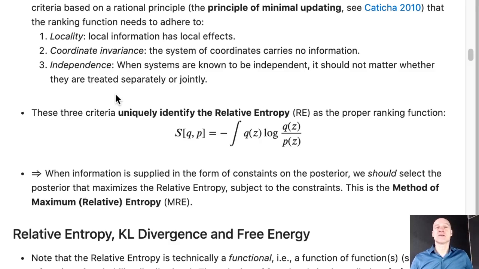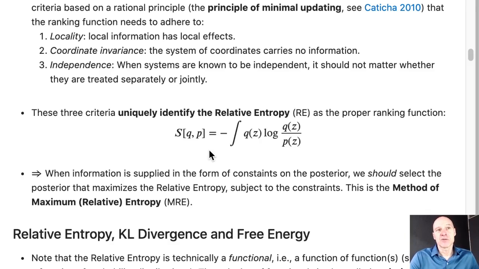And whatever that method is, I'm going to have a ranking function for candidate posteriors. And whatever that ranking function looks like, it must agree to some very, very trivial assumptions that you almost cannot disagree with. If you make those assumptions, then this has to be the ranking function. So that's important. Again, it's a similar kind of derivation. We started with the meaning and we arrived at the ranking function.